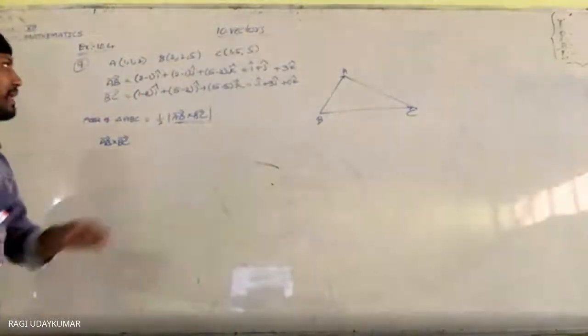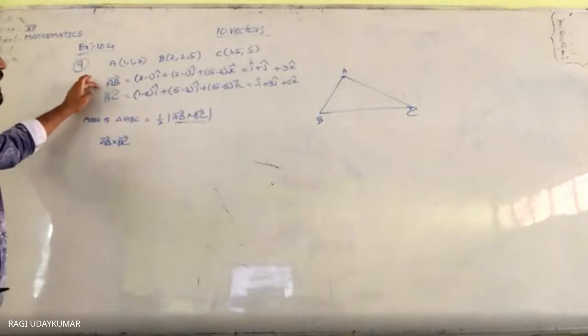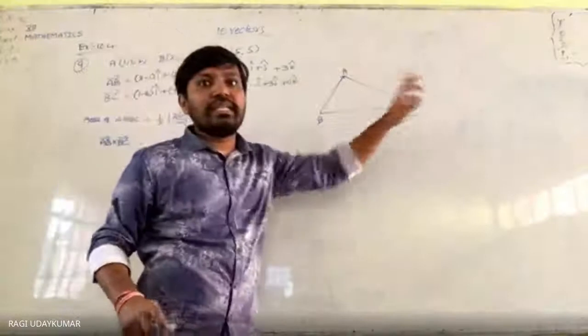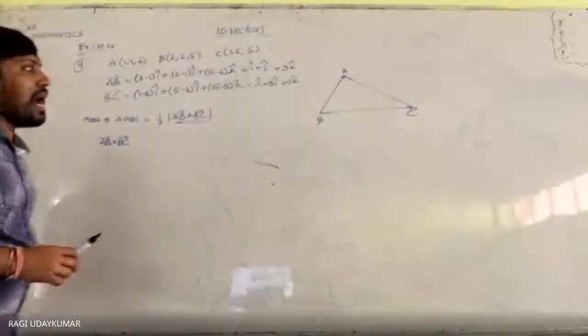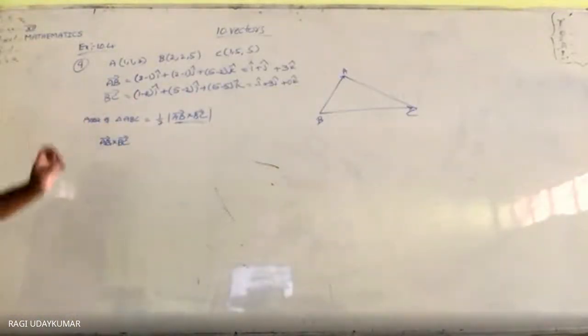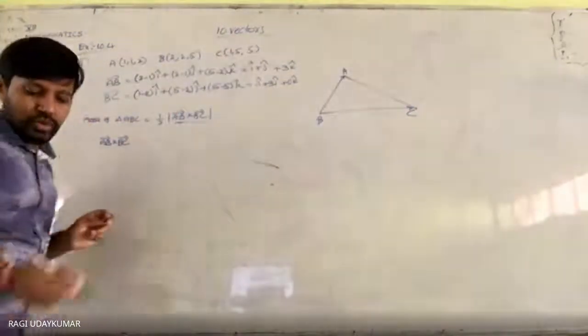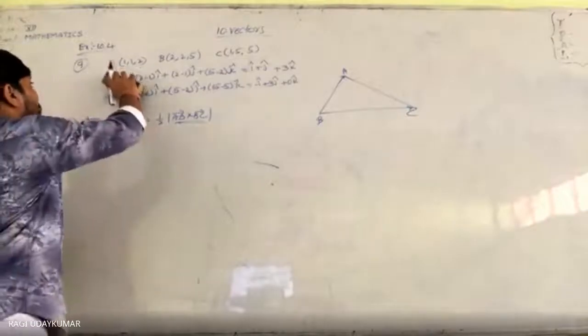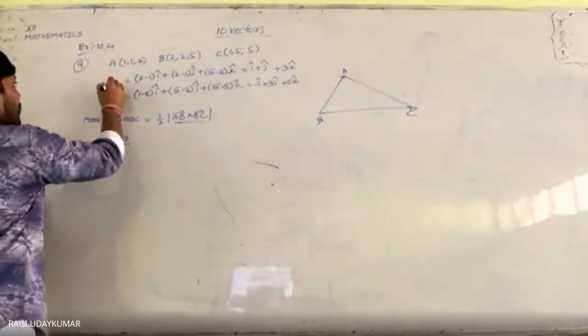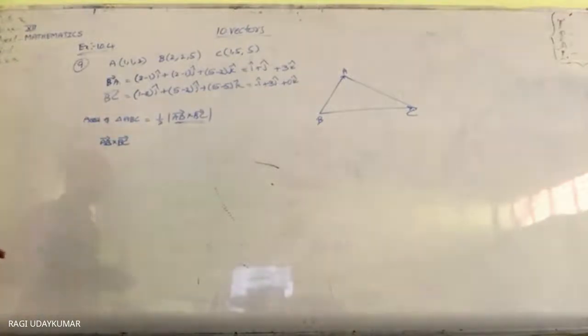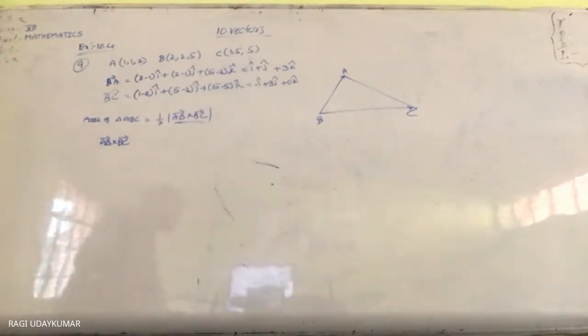We need to take either AB and AC, if you are taking A to B and A to C, or BA and BC. So you are not supposed to take AB and BC here. Sorry, find BA. Vector points I have taken correctly.